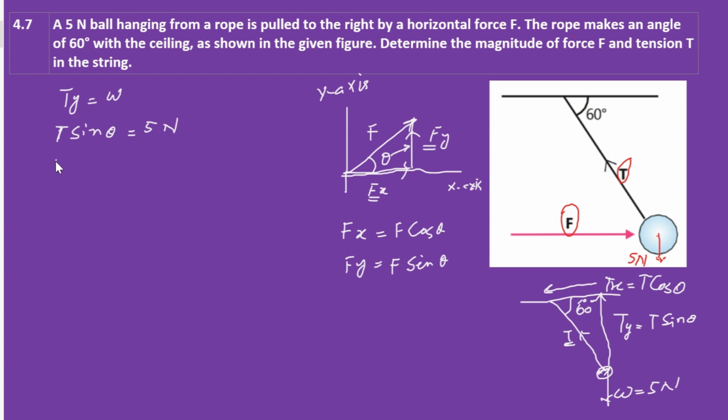Since the given angle is 60 degrees, T sin 60 degrees is equal to 5, and sine of 60 degrees is 0.866.